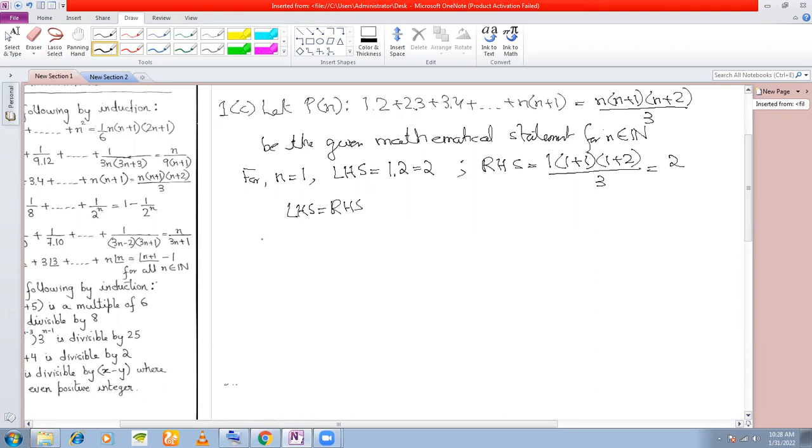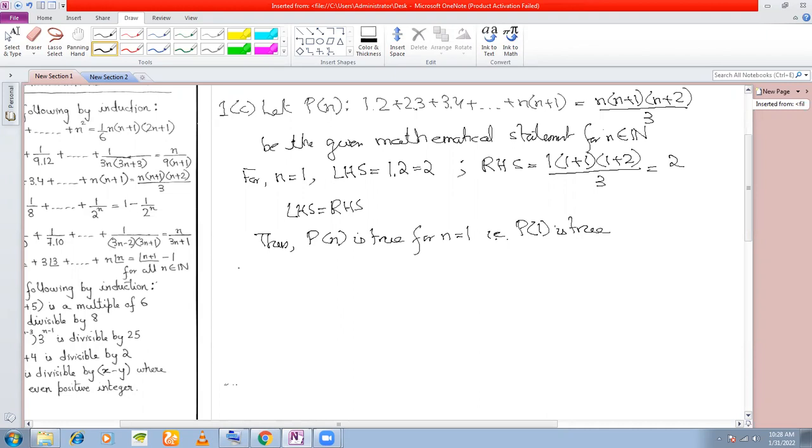So what can we say? We can say that P1 is true, right? Thus, Pn is true for n equal to 1. That is, P1 is true. Okay. So first part of the mathematical induction has already been shown.